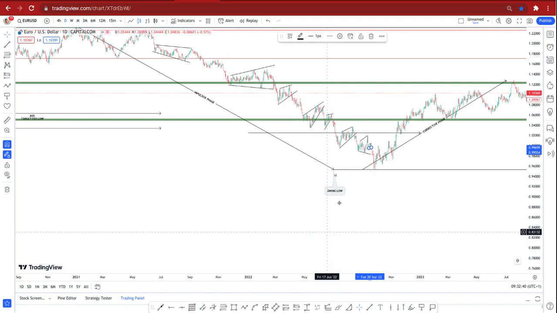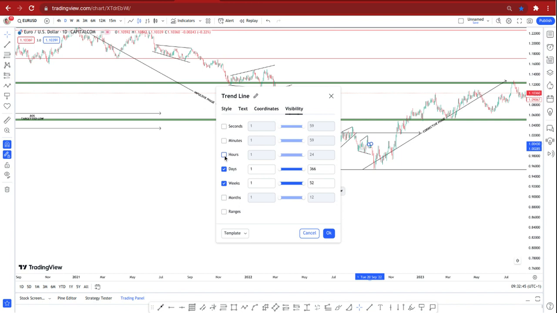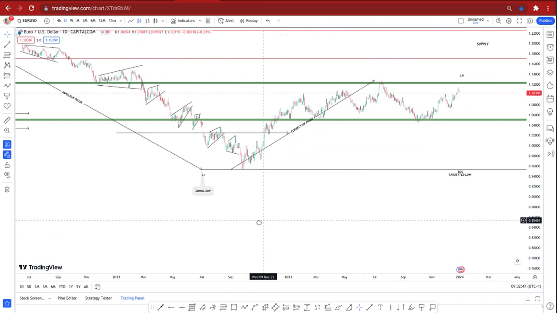Okay, visibility on hourly. So weekly, daily, and hourly are for my charts.